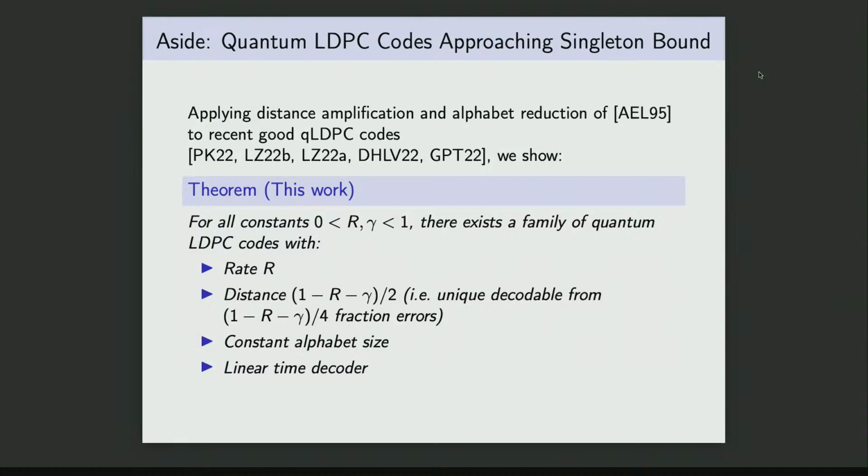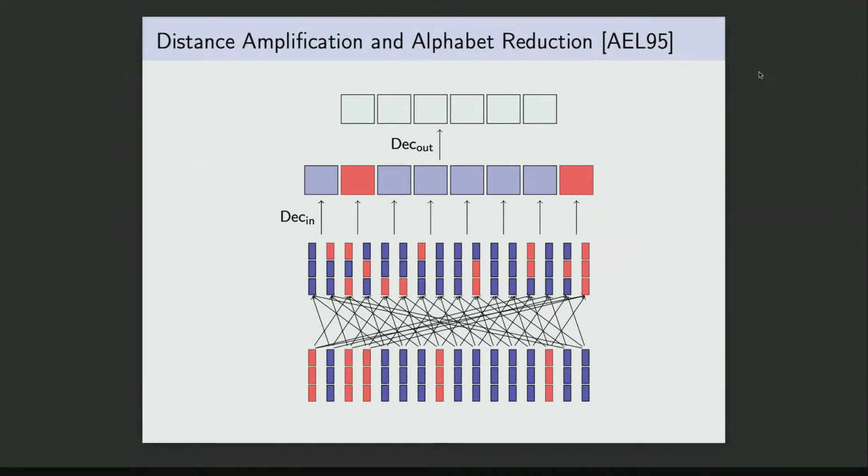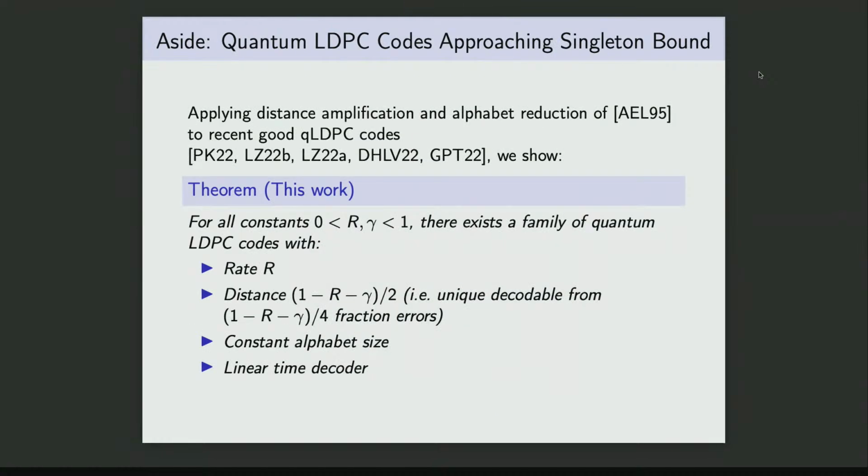We take this recent, very nice line of work that constructs asymptotically good quantum LDPC codes, so quantum LDPC codes with just some small constant distance and rate. And we apply this technique here, which both reduces alpha and, in particular, amplifies the distance of codes.